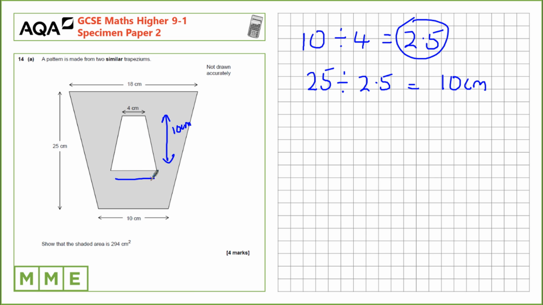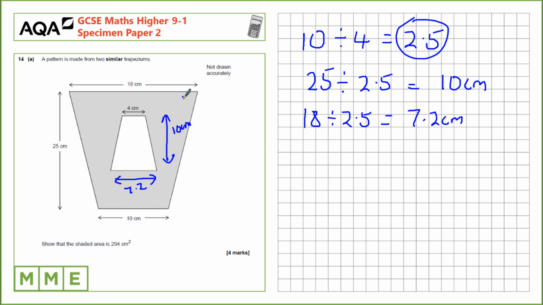The other length we need to calculate the area of the small trapezium is this one here, and the corresponding length to that is this length here. So we need to take 18, divide it by 2.5 because it's 2.5 times larger, which is 7.2 centimeters. Next, we need to find the area of these two shapes. So let's find the area of the large trapezium.